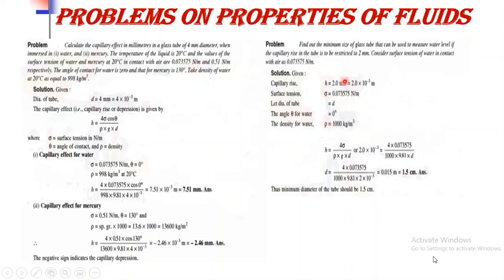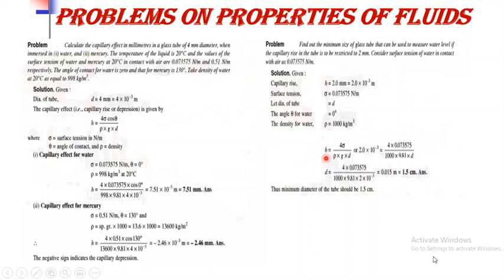So these are the given things, that is H means capillary rise is 2 mm, that is 2 into 10 raised to minus 3 meter. Then surface tension is 0.073575 Newton per meter. Then angle for water, we should know the angle for water, that is equal to 0 degree. Then density of water is approximately equal to 1000 kg per meter cube or 998 kg per meter cube.